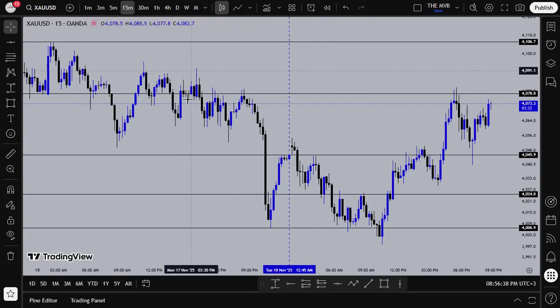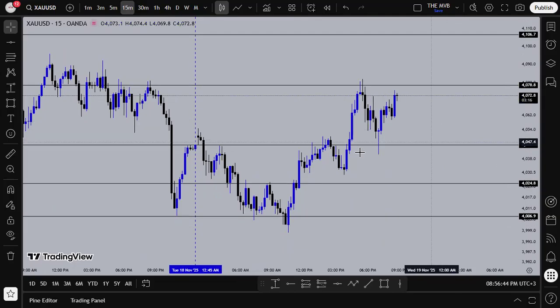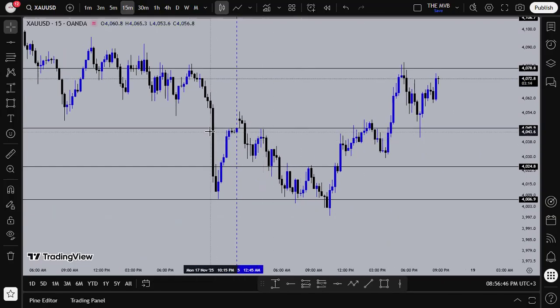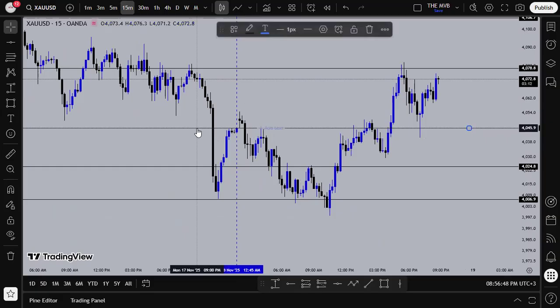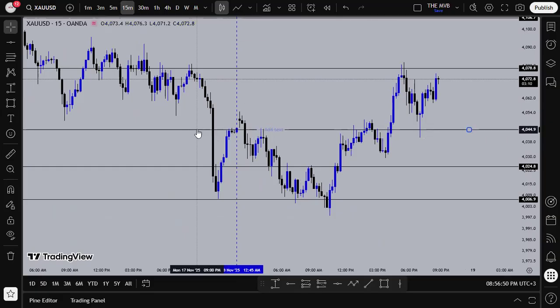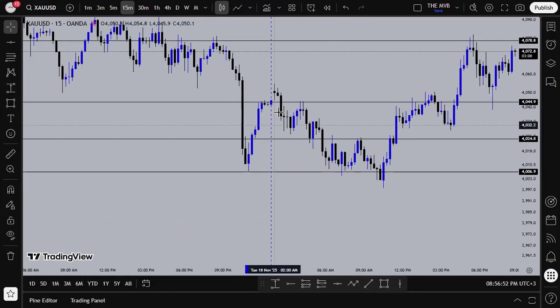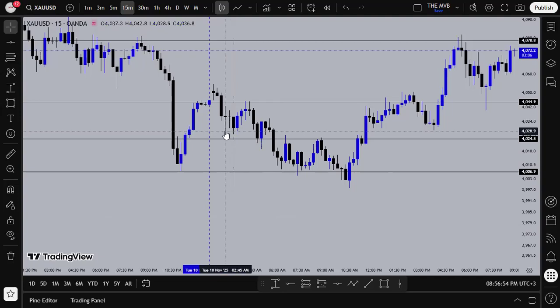So this is the price action from yesterday's candle, and this is today's price action. So let's see how price reacted through the levels. Okay, through the levels. So you can see price opened. This is the line that differentiates between Monday's candle and Tuesday's candle.